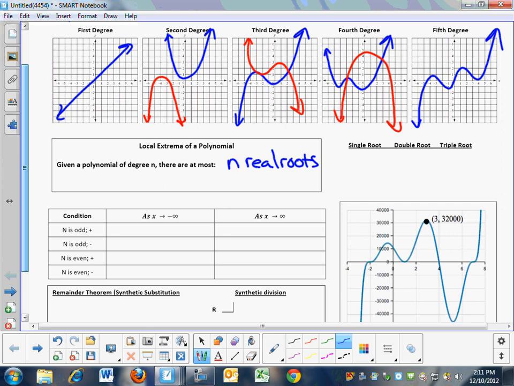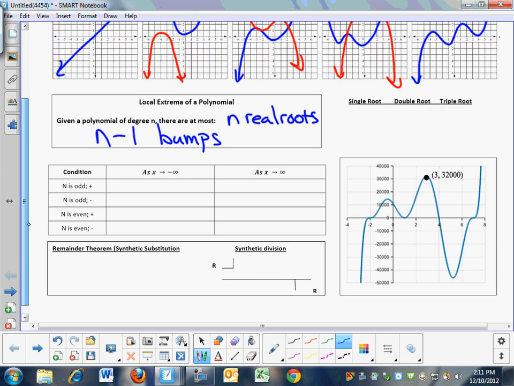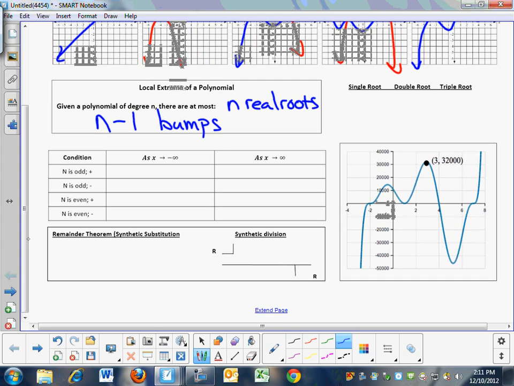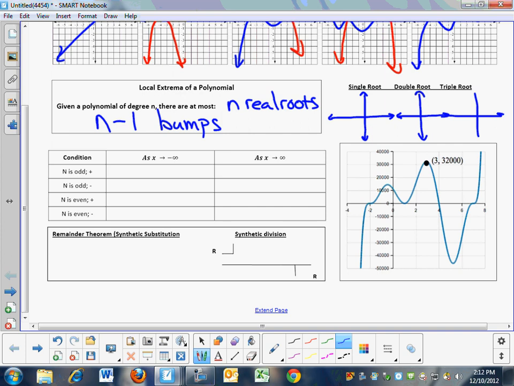None. This one? N minus 1 bumps. Sometimes those bumps are taken out by double or triple roots.